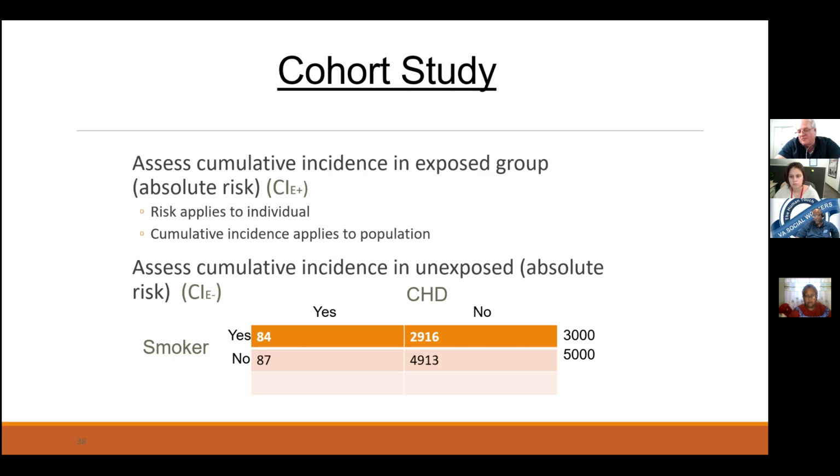And let's say you follow those people over time. Let's say it's like a 5-year study, for example, and 84 out of 3,000 smokers got heart disease, 2,916 didn't. In the non-smoking group, 87 got heart disease, 4,913 didn't.